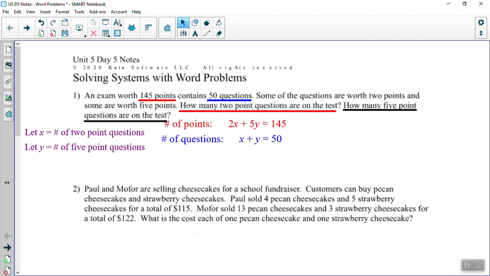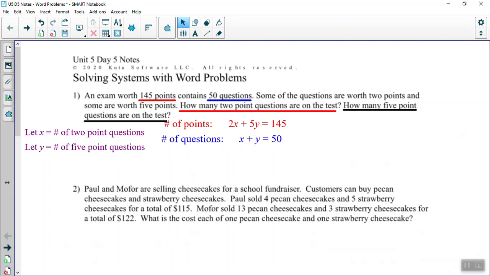All right, now that I've got this, we notice that they are both in standard form. That means I can use elimination. The majority of these problems will come out as standard form, so the majority of the time we can use elimination to solve.